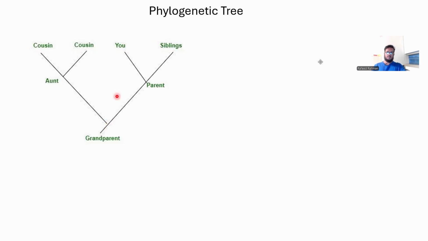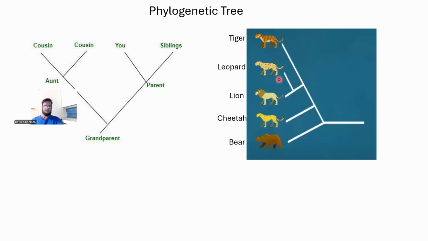So let's now look at an actual phylogenetic tree. Obviously the trees are much bigger, but just to give an example, I'm showing a very small part of the tree. In this tree, you can see five animals. Let's try to read this tree. First of all, these two animals, leopard and lion, come from the same ancestor, and they're the closest to each other in this tree, right?